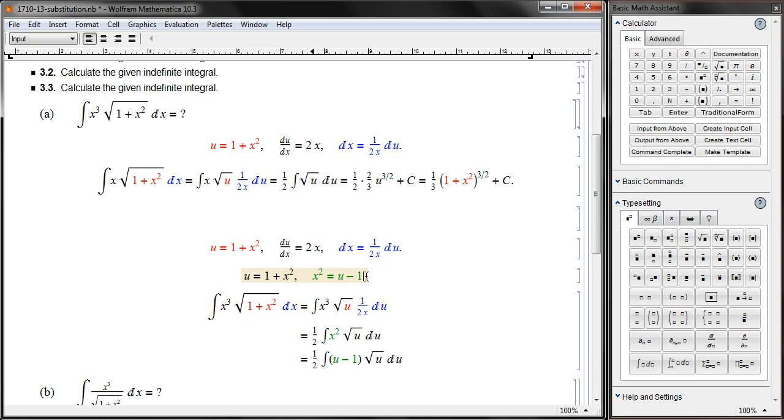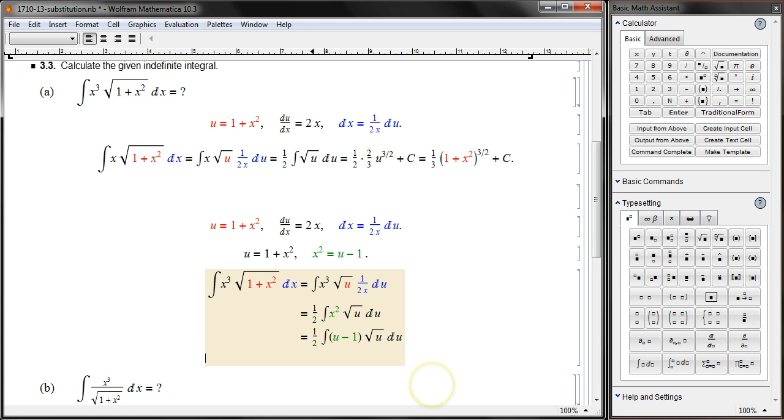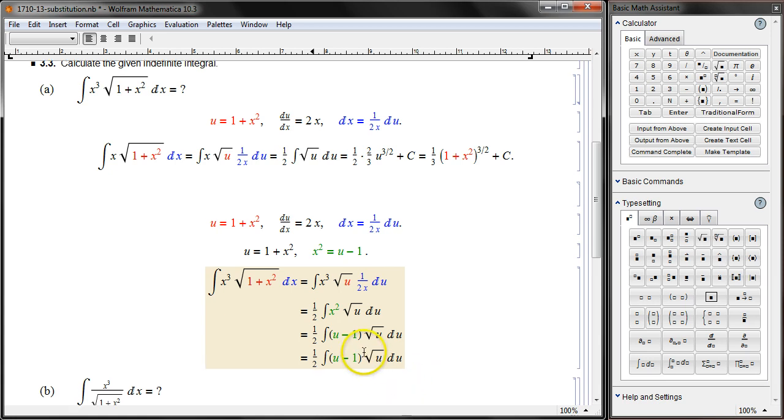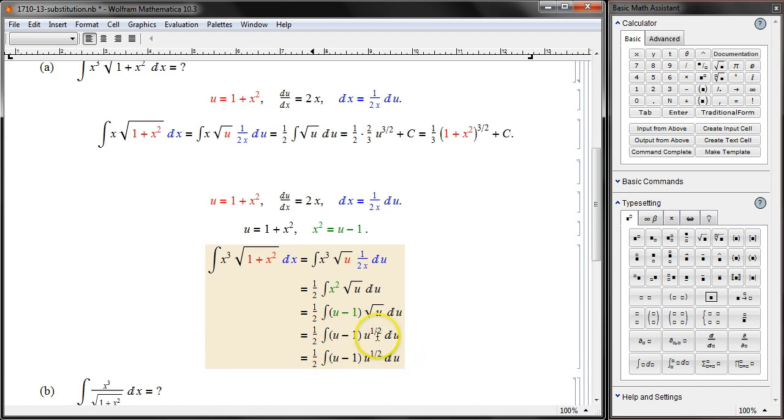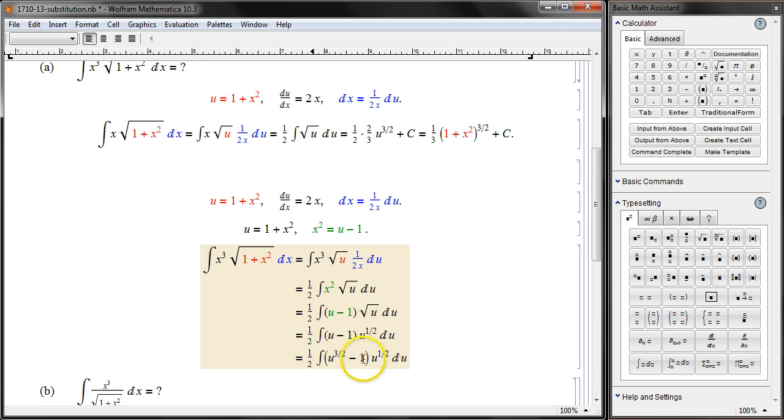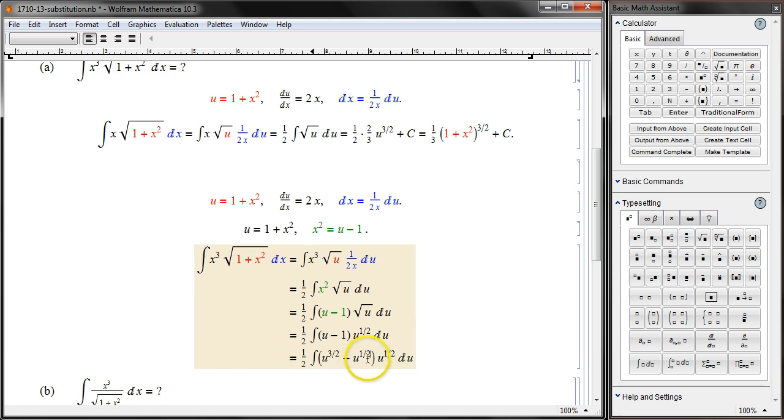Okay, I now regret using the square root over here, because obviously 1/2 power is a lot easier to deal with in this case. Well, I didn't do it earlier, so I have to do it now. So u to the 1/2 power there, and let's work out this problem. Distribute, and then you're going to get u to the 3/2 power, and then 1/2 power like this.